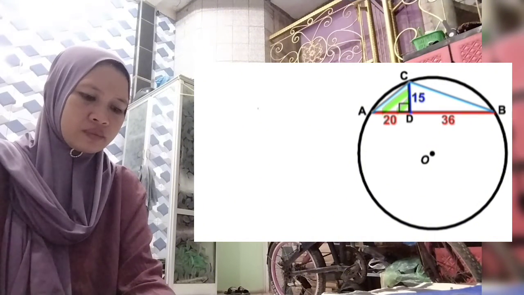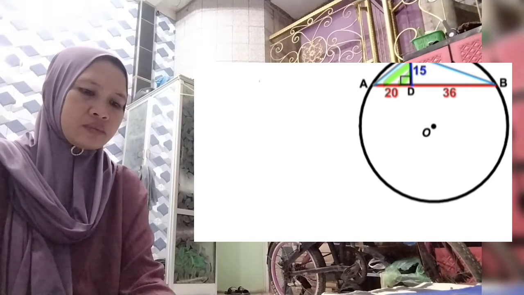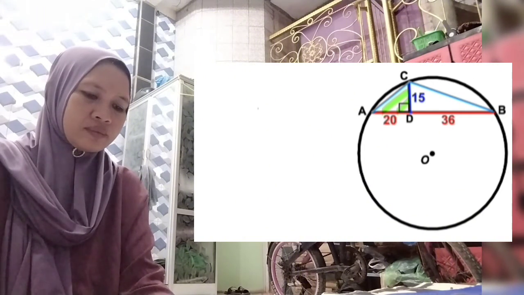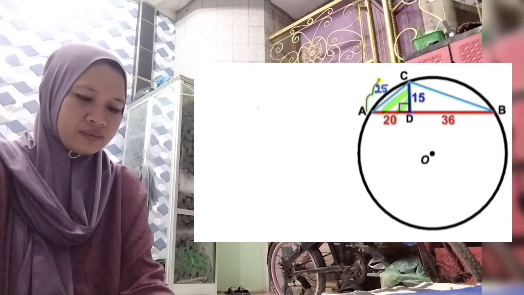And now I'm going to undo this square by taking a square root on both sides. So therefore our this hypotenuse AC length turns out to be positive 25 units. So therefore our this AC length turns out to be 25 units.